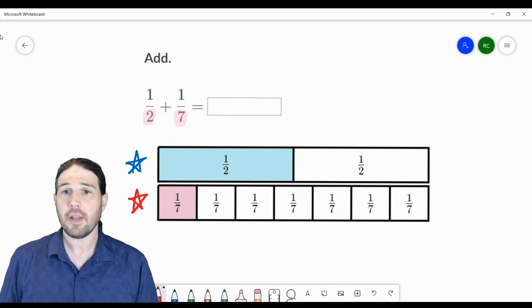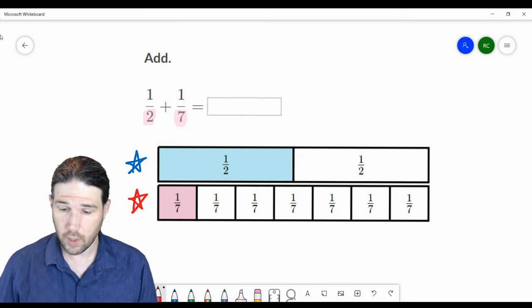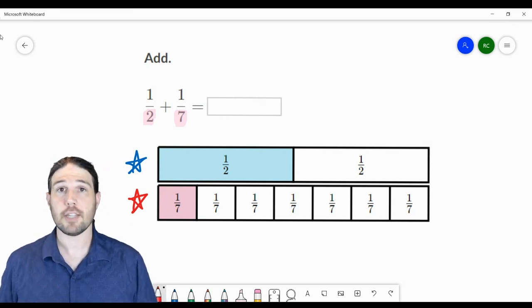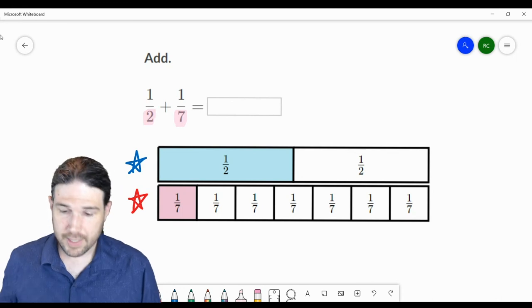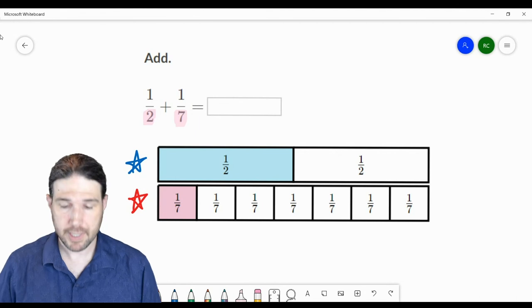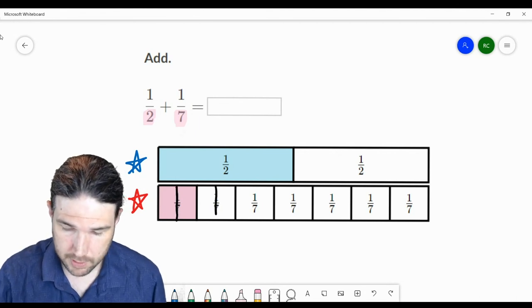If I know that there are 2 pieces in one cake and 7 pieces in the other cake, essentially all I have to do is take each of the 1/7 and split it into 2 pieces. 2 pieces each.